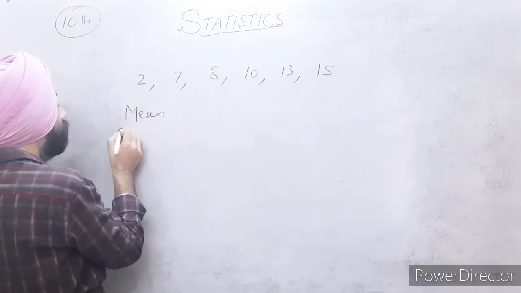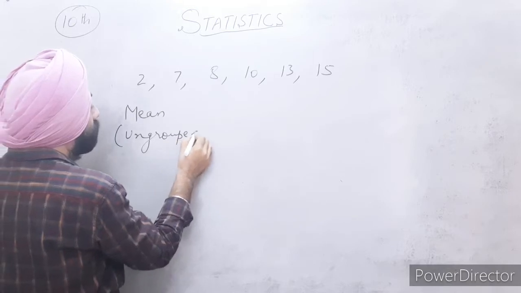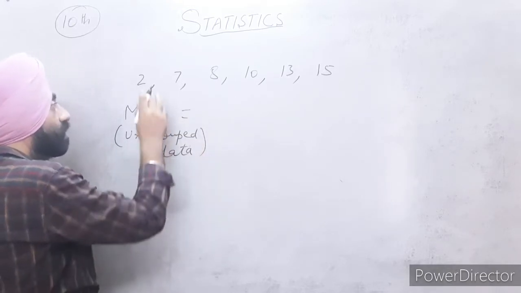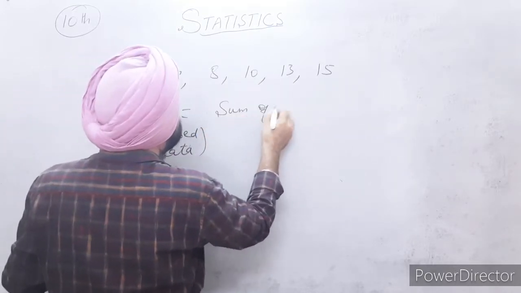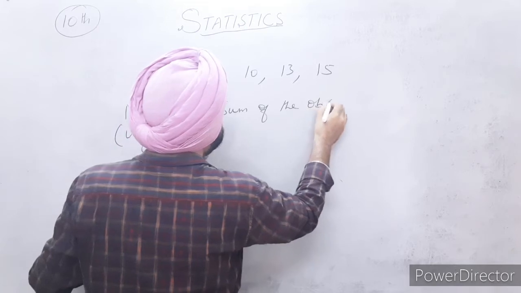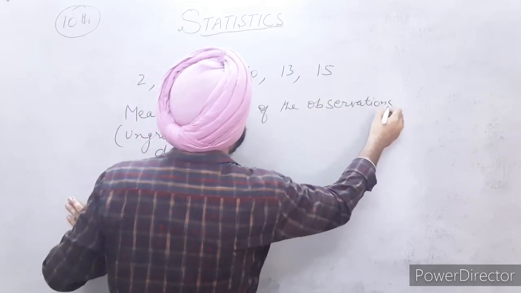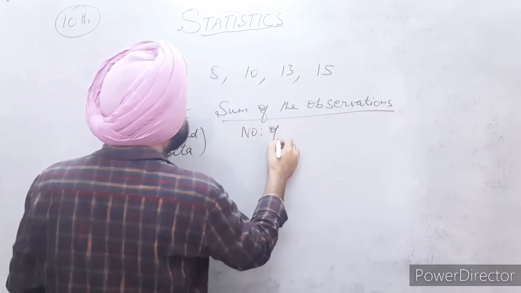This is called the mean of ungrouped data. It is equal to the sum of all the observations divided by the number of observations.